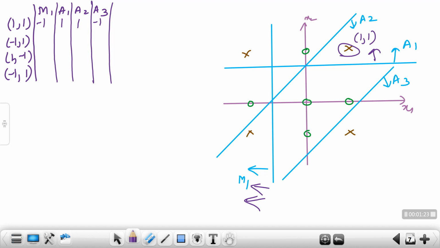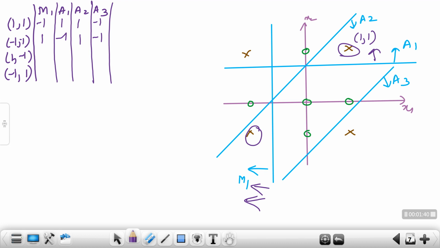Similarly for the point (-1, -1), this point, M1 is positive, A1 is negative, A2 is positive, A3 is negative.